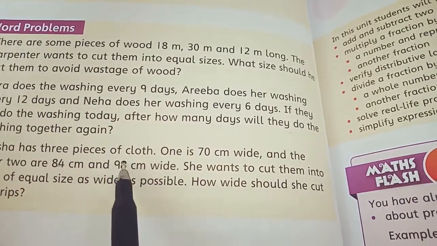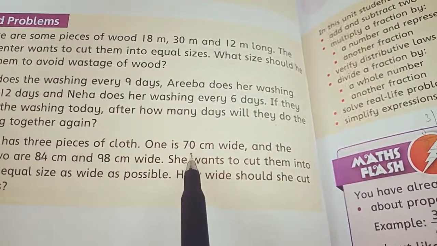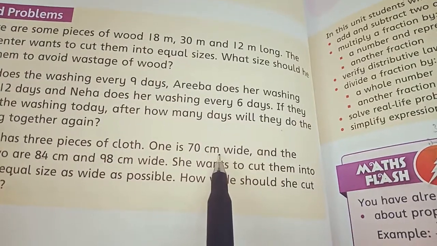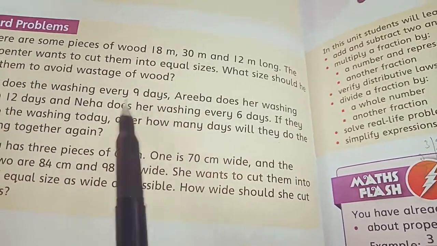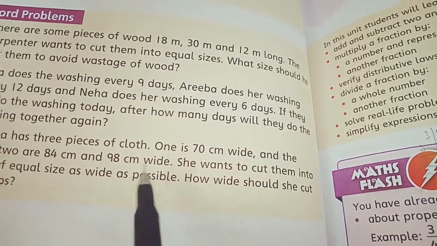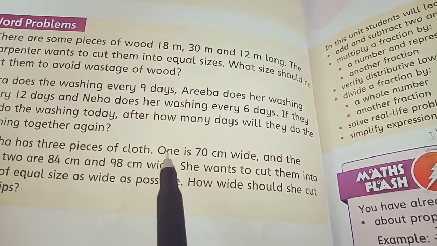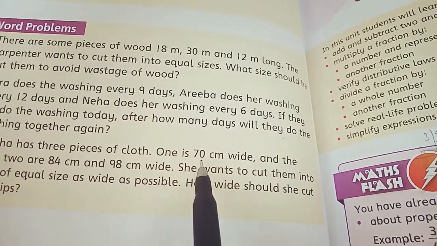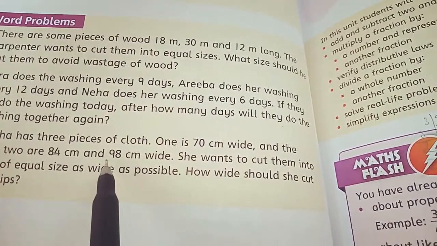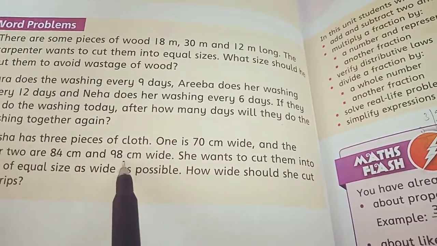Aisha has 3 pieces of cloth. If you want to take the common thing, you have to take the HCF. If you want to take the combined thing, you have to take the LCM. One is 70 centimeter wide, the other is 84 centimeter wide, and the third one is 98 centimeter.